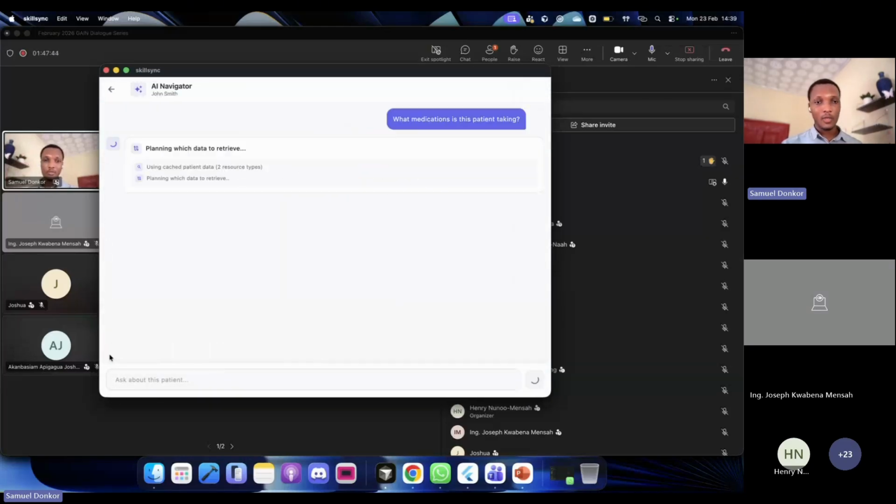Let's get the medications. You can see that the agent goes through lots of steps. First, it tries to get the relevant patient data it needs, calls the tool that is relevant to the question, and gets the actual facts based on that.